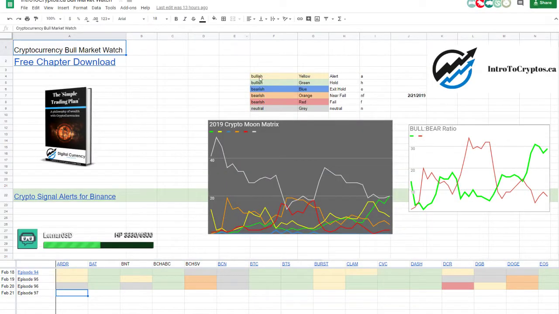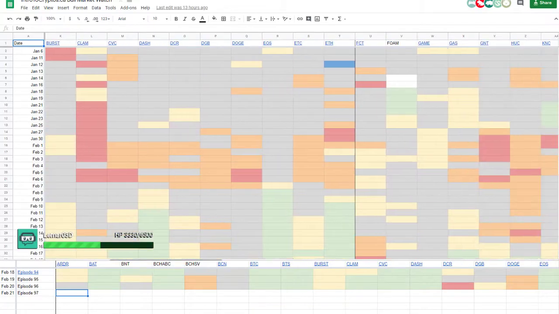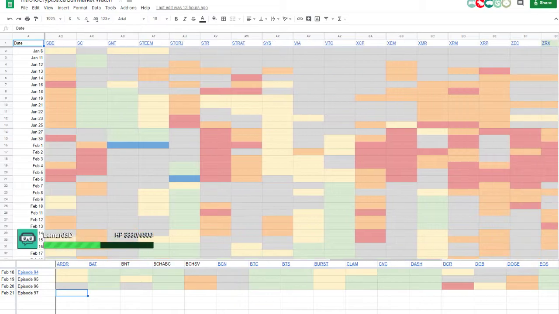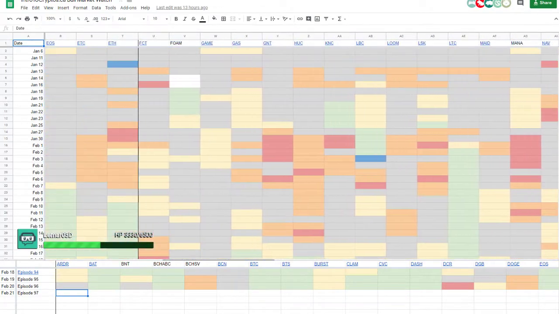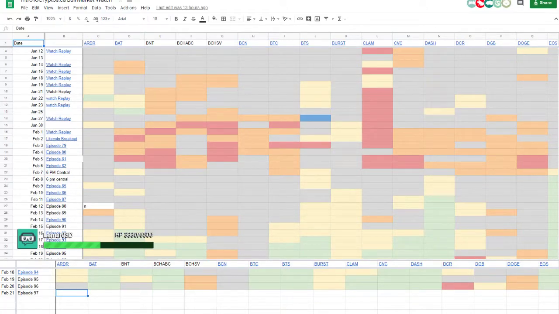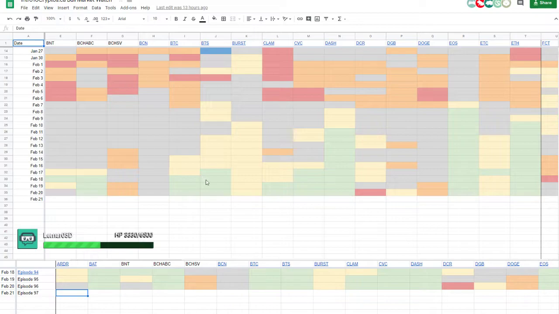Like if we go through our spreadsheet here, and we're looking at all the ones that are orange, all the ones that are green, all the ones that are yellow, those are great for categorizing together perhaps into a panel. And then you'd be able to watch all of the coins that are yellow right now, that we've listed as being yellow, put into a specific panel, and then they'd be easy to be watching them all.